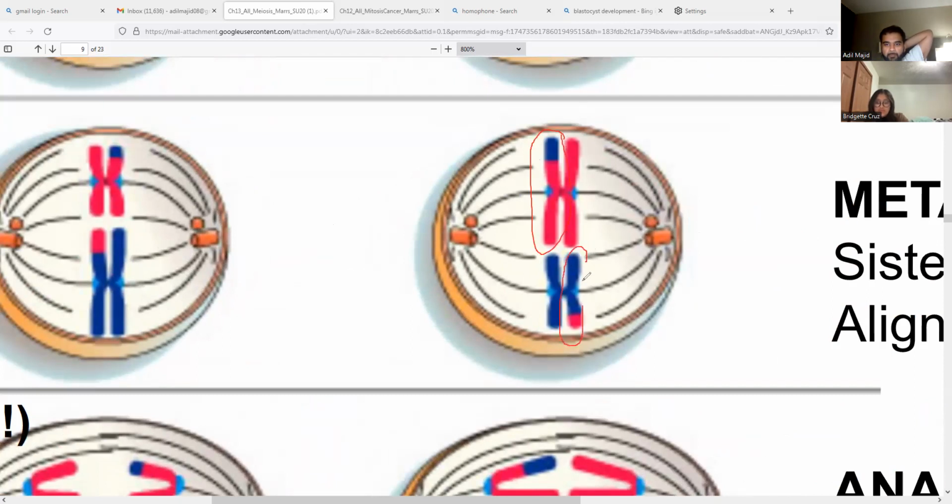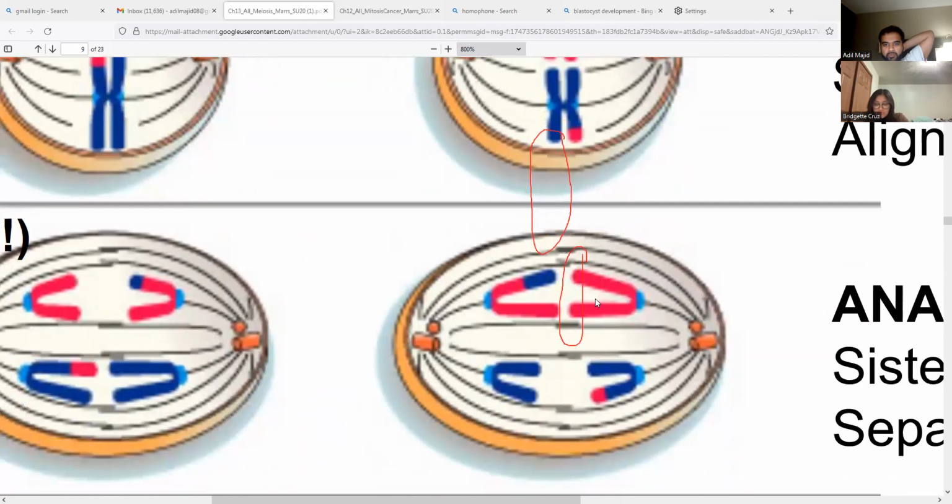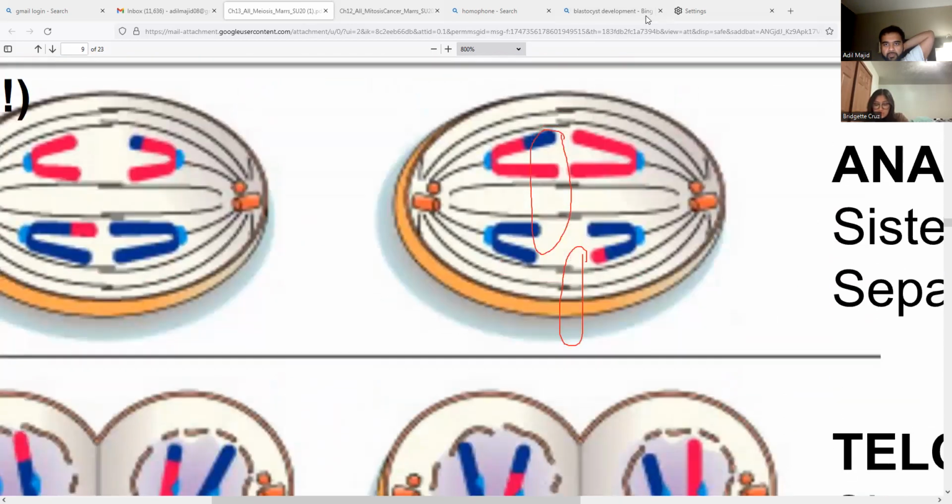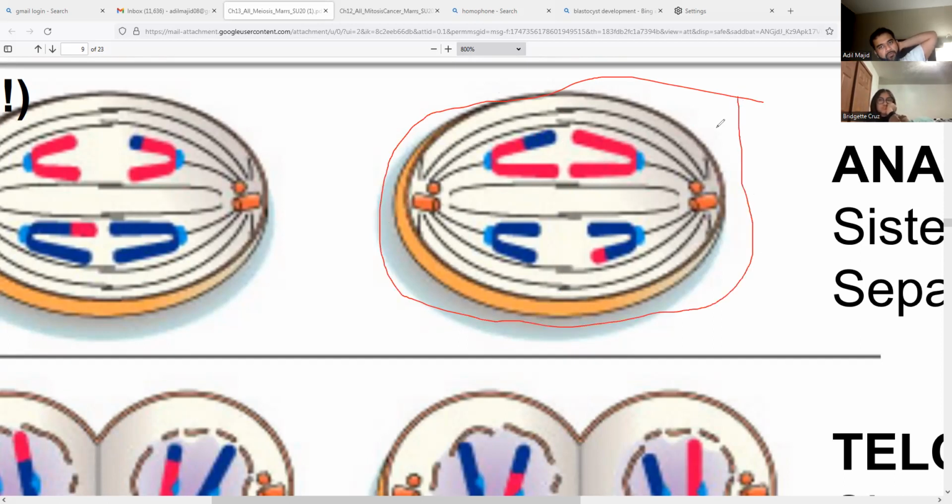If all I showed you was this picture right here, how do you know that this is anaphase two versus just anaphase?